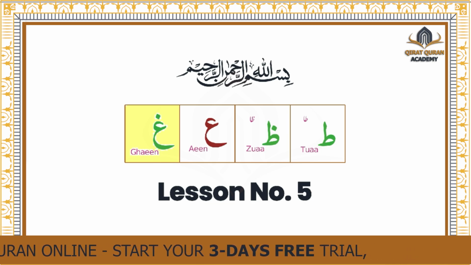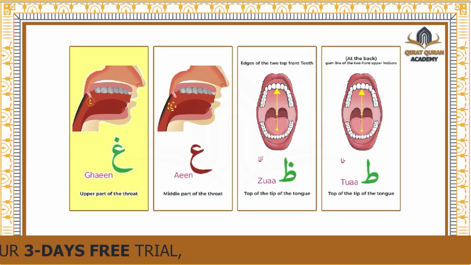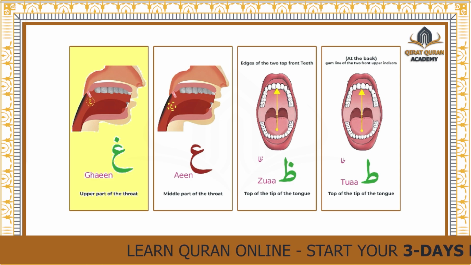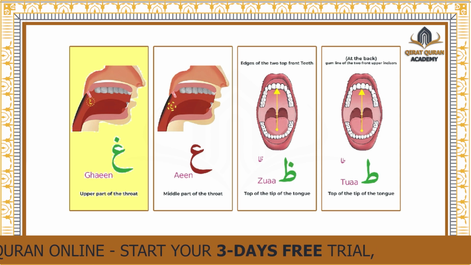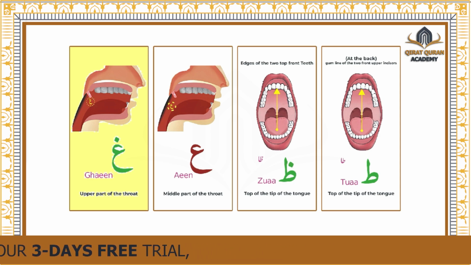Now let me show you the origin of ghain, how we pronounce ghain. So this is the inner view of the mouth. As I told you in the case of ain, we have three parts in our throat: bottom, middle and upper. So ghain is pronounced from the upper part of the throat, like ghain.